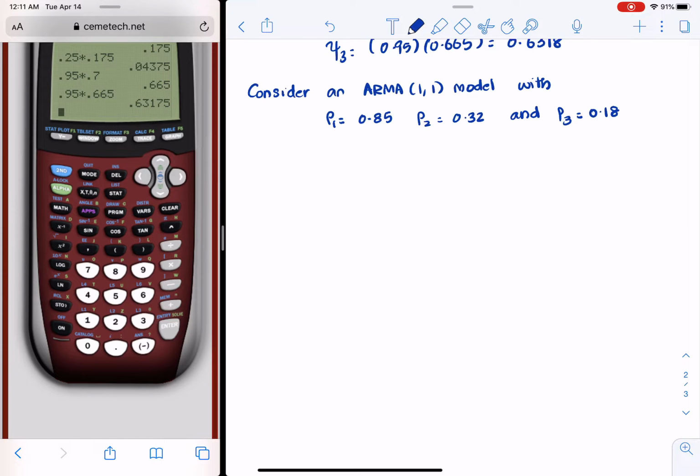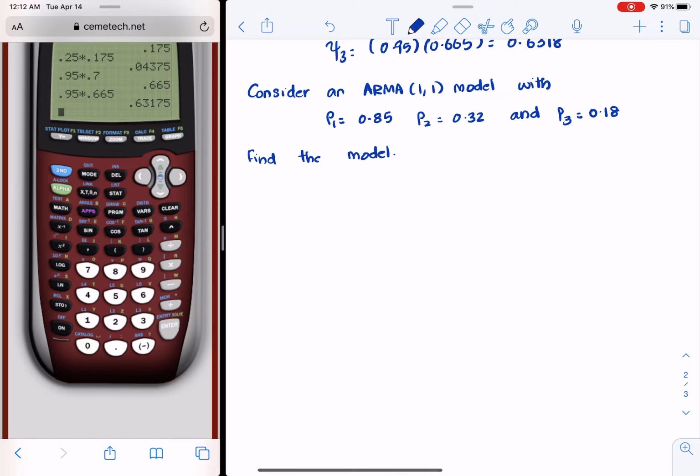Rho 1 equals 0.85, rho 2 is 0.32, and rho 3 is 0.18. And our objective here is to find the model. How would we go about doing this?